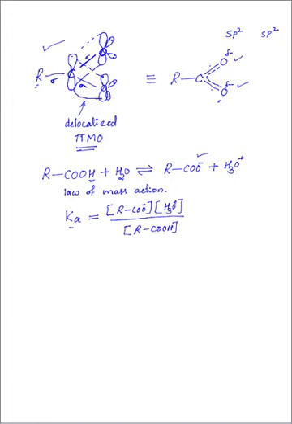So as the Ka value is more, it is called more acidic. If the forward reaction takes place, the concentration of the carboxylate ion increases, then the Ka value increases, which means it becomes more acidic.